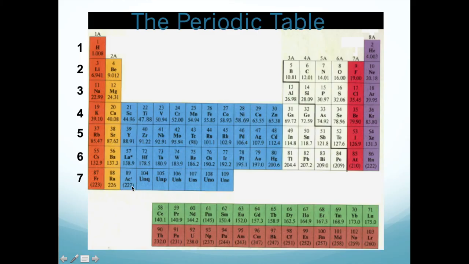Different periodic tables draw the F block a little bit differently. This one includes lanthanum and actinium in the D block. Sometimes periodic tables put lanthanum and actinium down here in your F block, and they would put these two elements, lutetium and lawrencium, over here instead. It depends on your individual periodic table. It's not important. Don't stress about it for this class for sure.